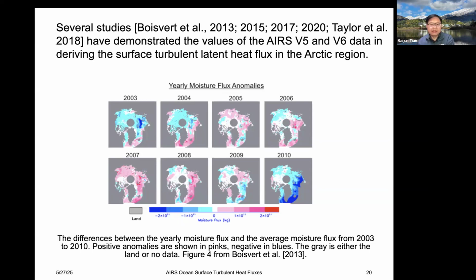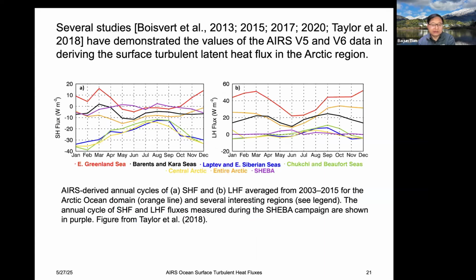And also, from Taylor et al., there is a paper in the Arctic regions, in different regions, that shows the annual cycle of the AIRS in different regions. And this annual cycle is more realistic than other data sets.